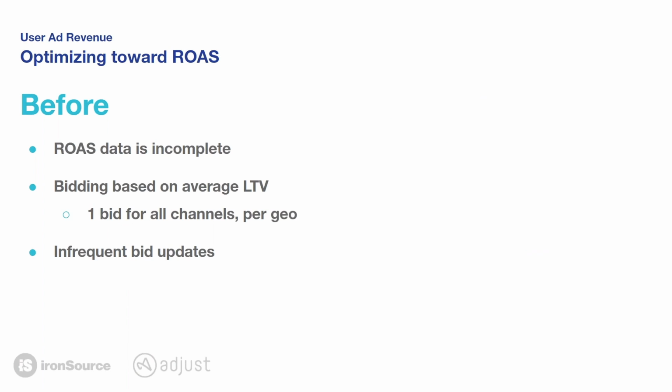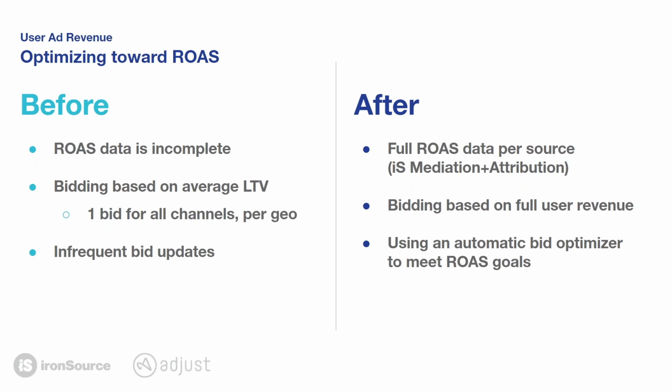The challenge here is now really moving from this before state, where you're kind of bidding based on average LTV or trying to optimize retention on your UA side. There's not much you can do to really change bids. Within our user acquisition platform and also within the Adjust platform, it gives you a full return on ad spend picture per source, per subsource.